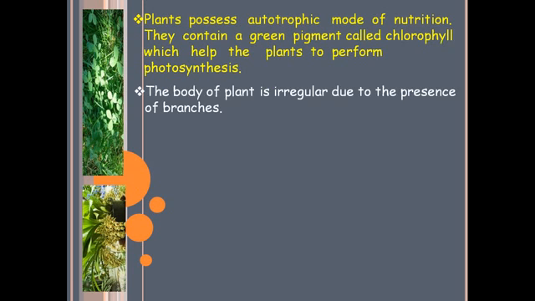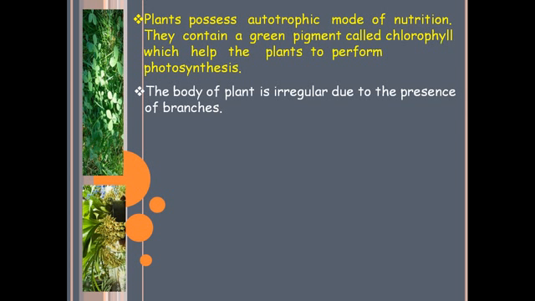The next point is the body of plant is irregular due to the presence of branches. Now plants, they grow throughout their life. It is unlimited, and that is why it is irregular in shape, because there are many branches. It's not specific that there will be only 5 or 6 branches.